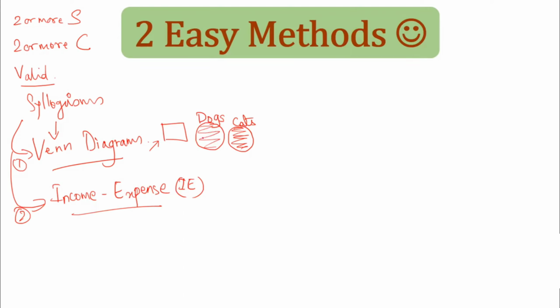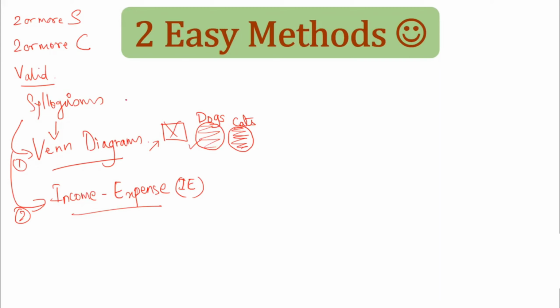Because later on you will realize that with a circle it is much easier not only to draw but to show overlapping and things like that. Those things will come later on, but it is easier to solve sums using a circle. So let's not consider a square, let's consider a circle. So in short, you have understood what exactly a Venn diagram is. A Venn diagram is nothing but circles to represent things.